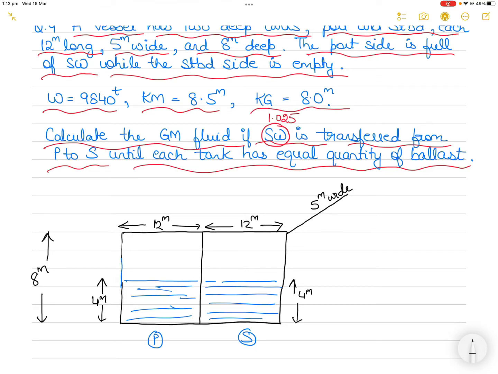The water which was originally here, the center of gravity of that water was in the center, at 4 meters. So half of the 4 meters, this much is 2 meters, plus this 4 meters is 6 meters. The water currently transferred here has its center of gravity at half of the depth, which is 2 meters.